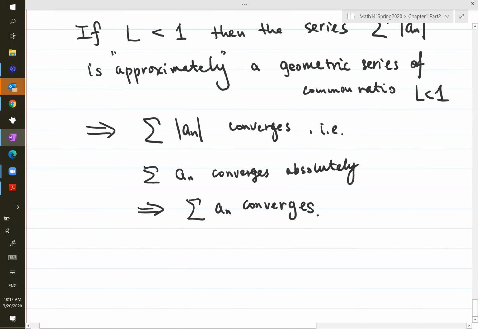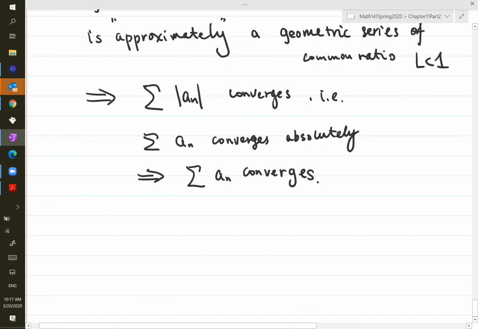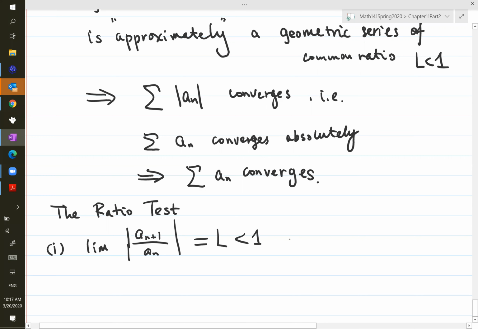To summarize, the ratio test says this: if the limit of the ratio a_(n+1) over a_n is L less than 1, then the series a_n is absolutely convergent.